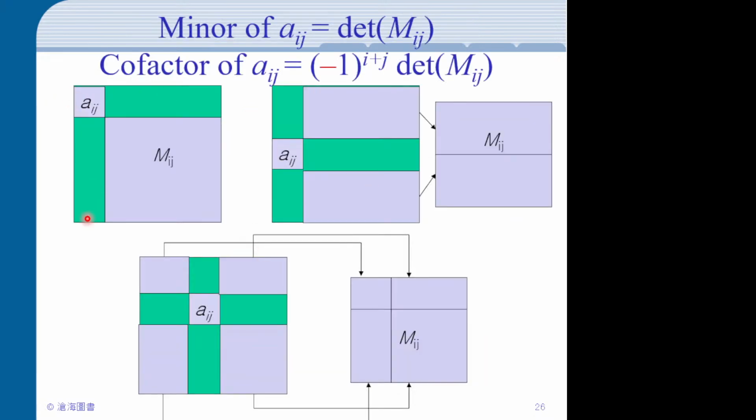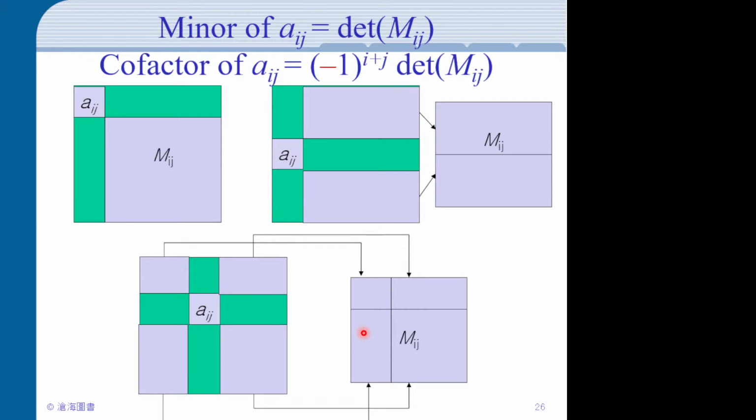The cofactor is equal to minus 1 to the i plus j times the determinant of a smaller matrix. The smaller matrix is obtained by deleting this row and this column. So you have this element aij here, you delete the whole row and the whole column, and the resulting matrix is some Mij.